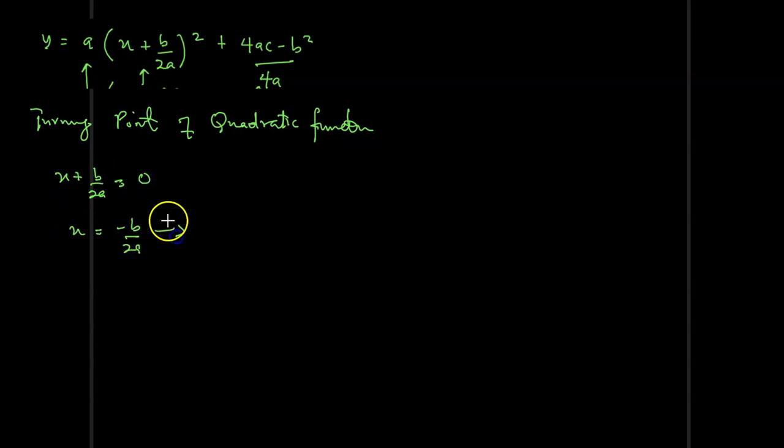And this is what we call the line of symmetry, or the equation of the line of symmetry.